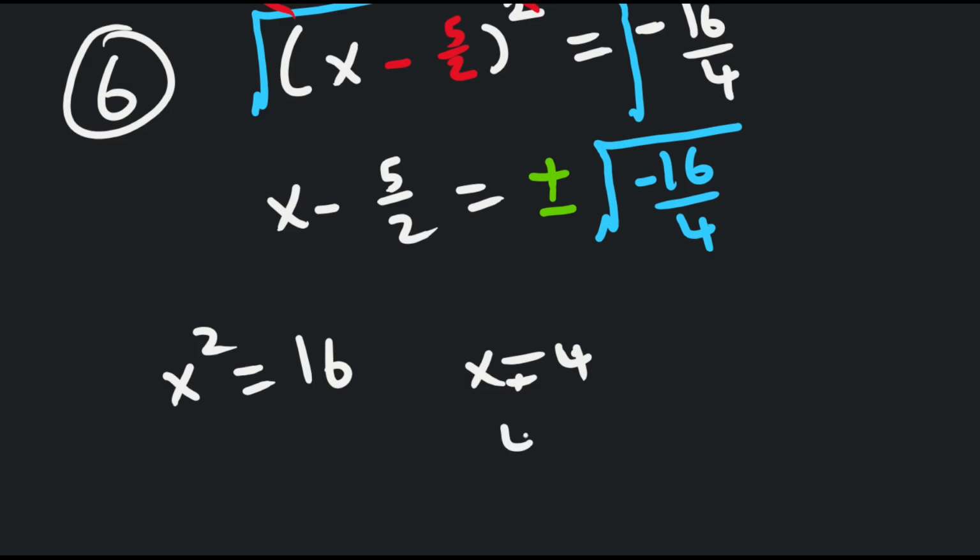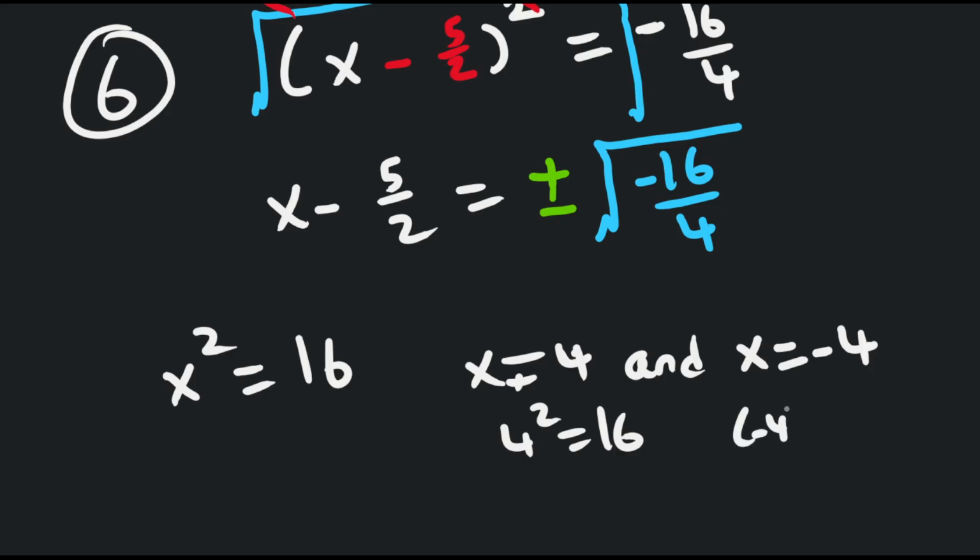And that's true, and x can also equal negative 4, because negative 4 squared is also positive 16. Squaring a negative will still give you a positive number.